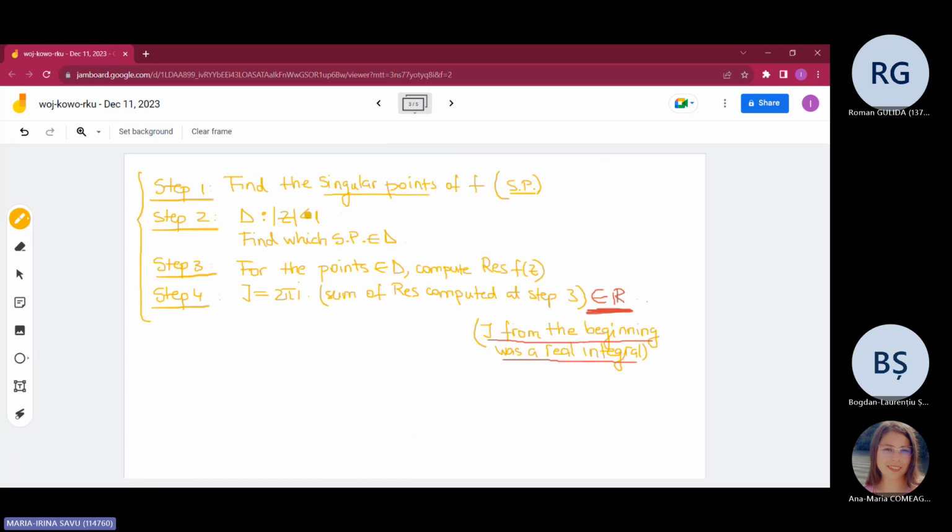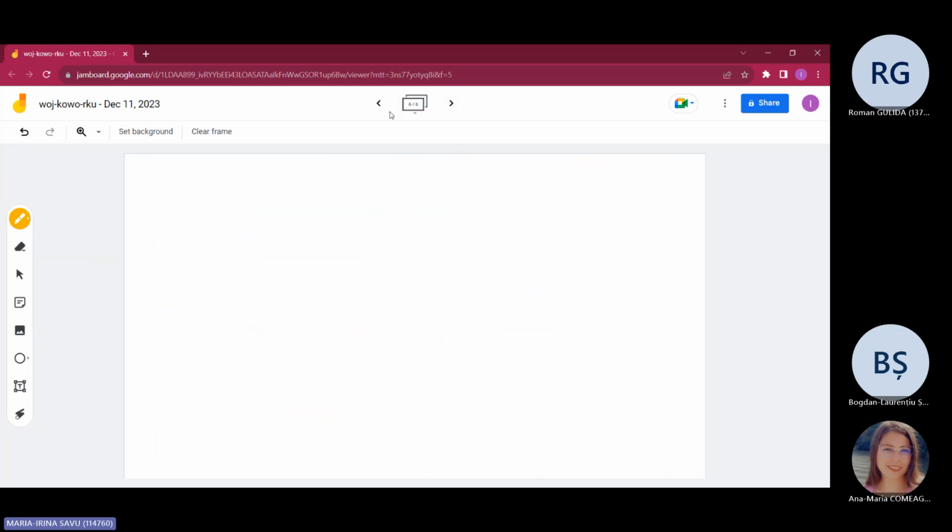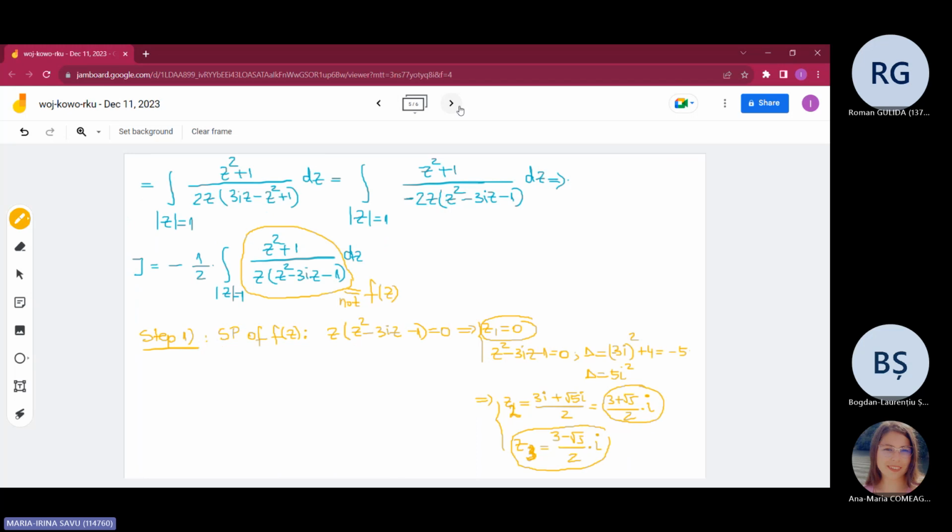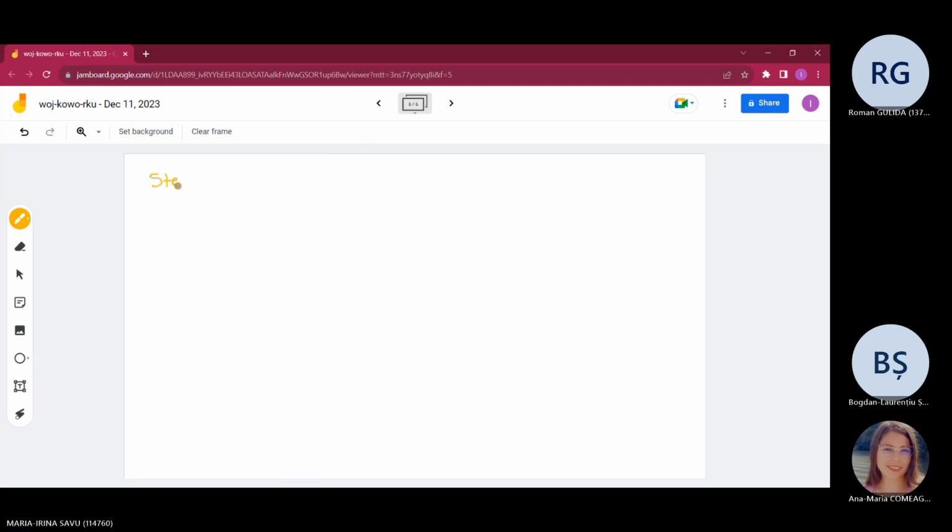Then we have to write the condition of delta, which is this one, and find which of the singular points previously found are in delta. So let's see. You have to write the condition of delta.